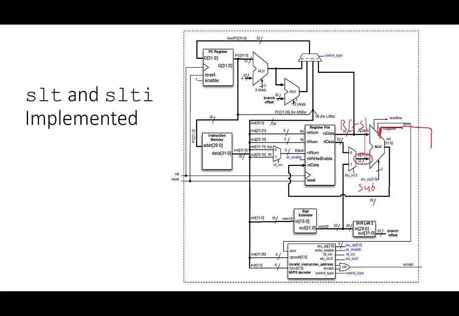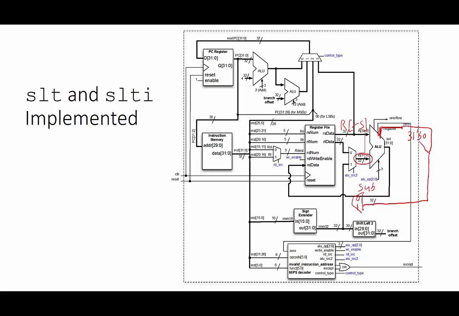So we'll take this value, we'll append 31 bits of 0 to it, and we're going to choose between the normal actual output of the ALU and the output of the negative flag. So we'll set the base operation to 0 and the SLT operation to 1.